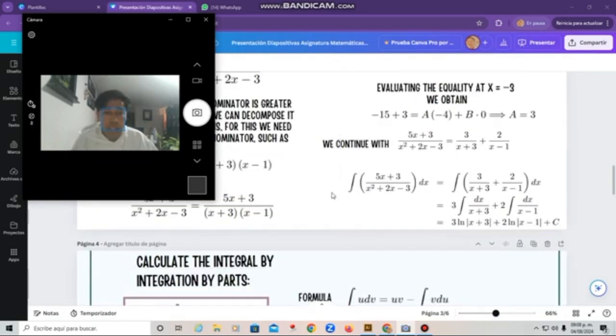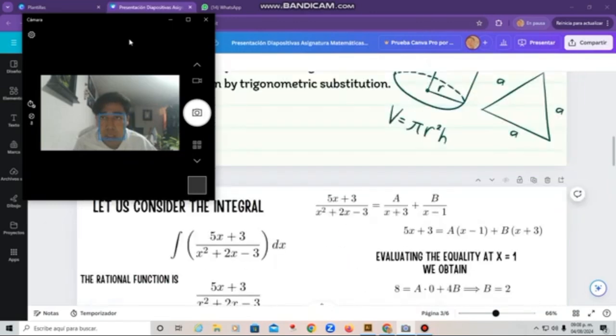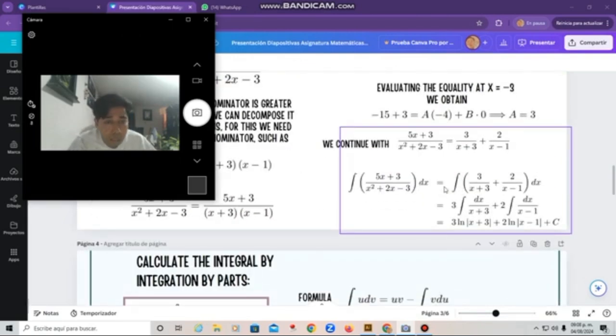So we do the solution in this part: the integral of (5x plus 3) divided by (x squared plus 2x minus 3) dx is equal to the integral of (3 divided by (x plus 3) plus 2 divided by (x minus 1)) dx, which is 3 times the integral of dx divided by (x plus 3) plus 2 times the integral of dx divided by (x minus 1).